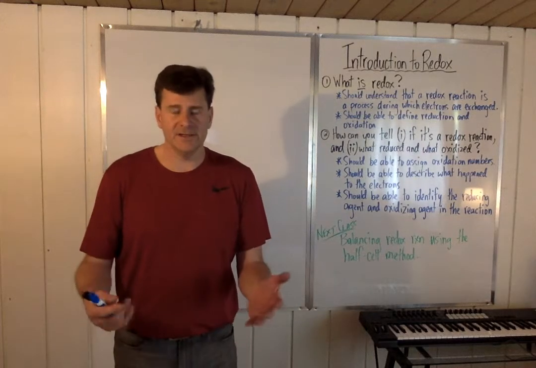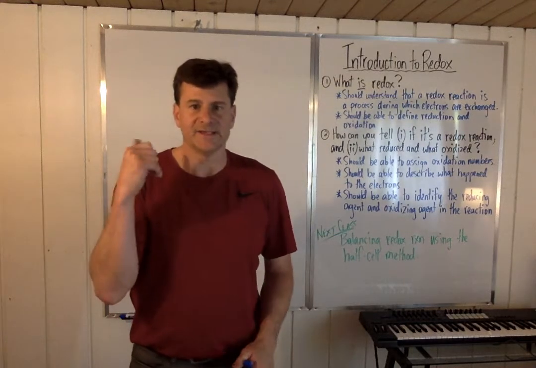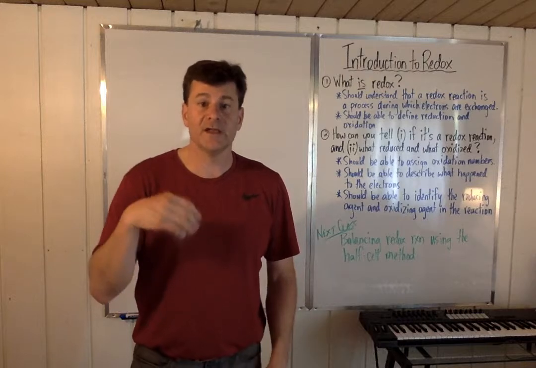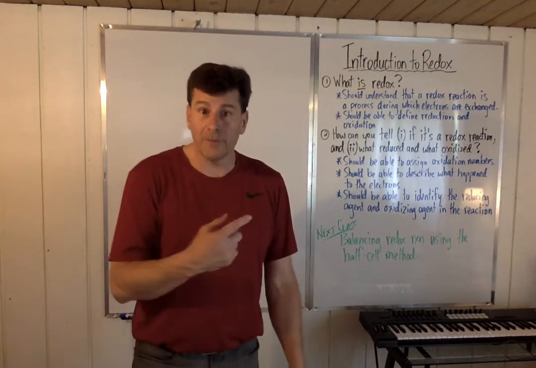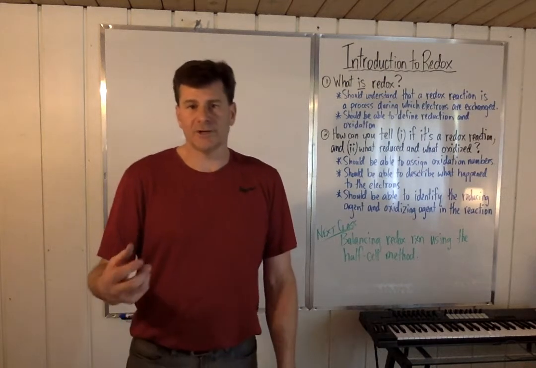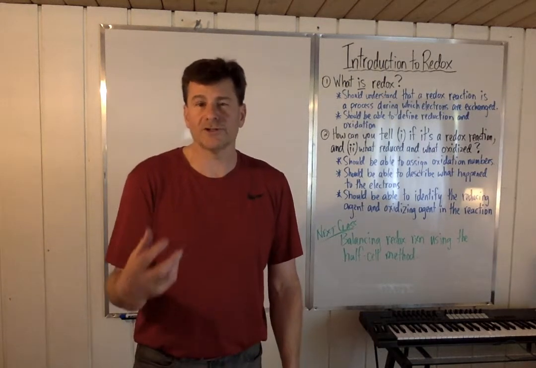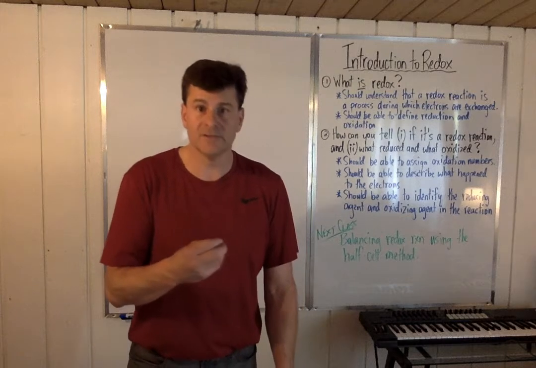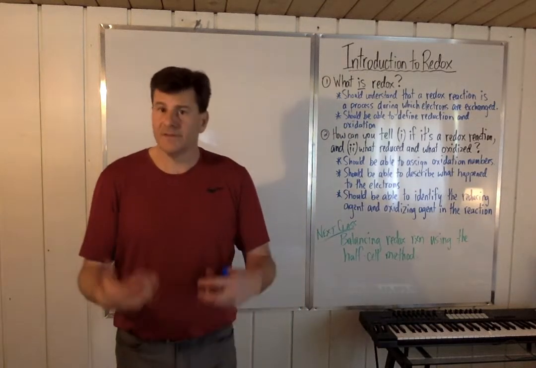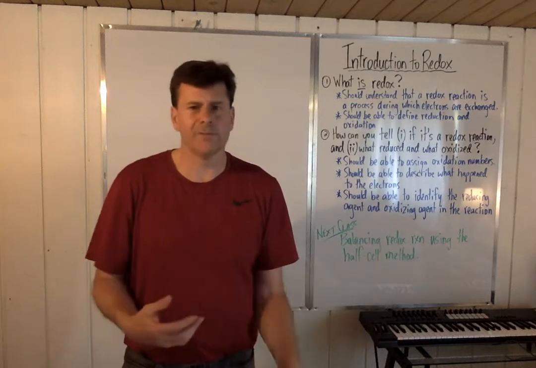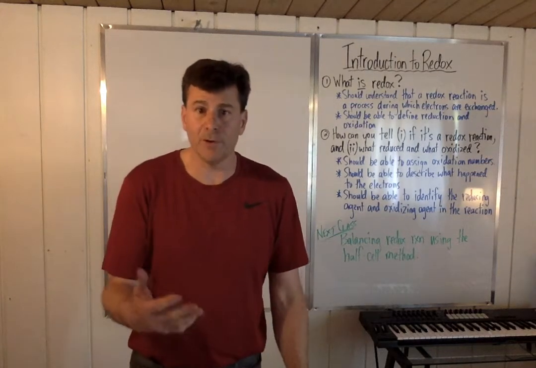If you understand that an oxidation is losing electrons, therefore its charge goes up during the process, and a reduction is gaining electrons, therefore its charge reduces or goes down as the process goes on, then you can kind of just look at the reaction. But sometimes it's not that simple to see what happened.